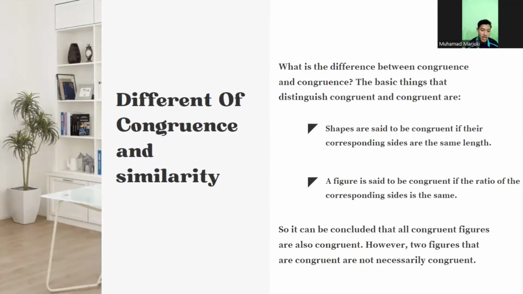And then a figure is said to be similar if the ratio of the corresponding sides is the same. So it can be concluded that all congruent figures are also similar. However, two figures that are similar are not necessarily congruent.